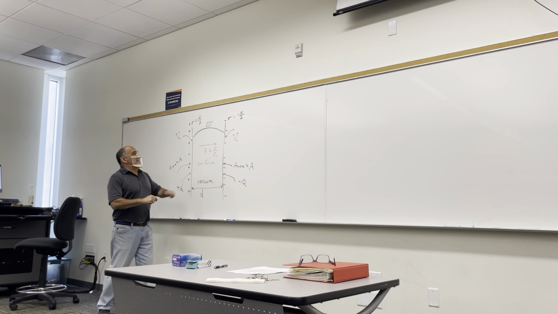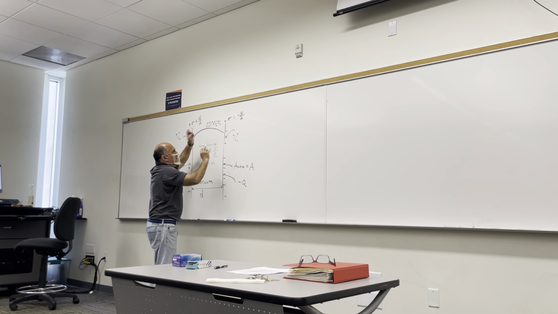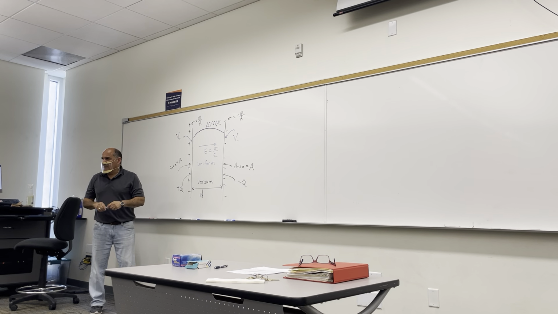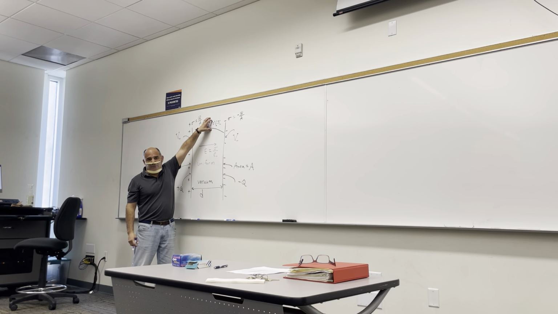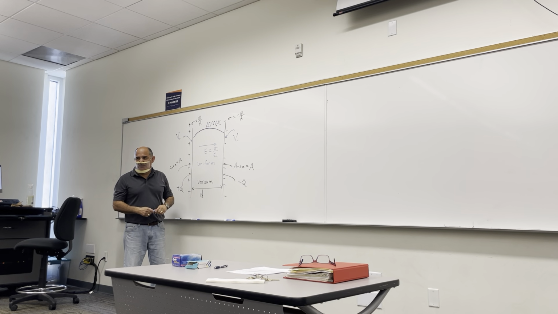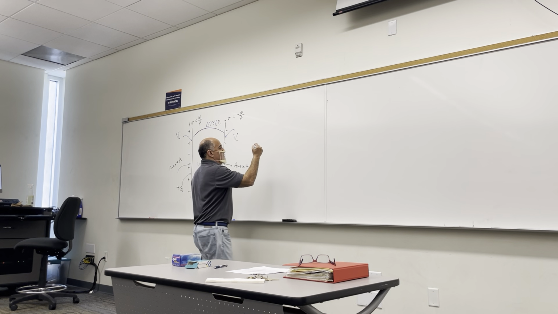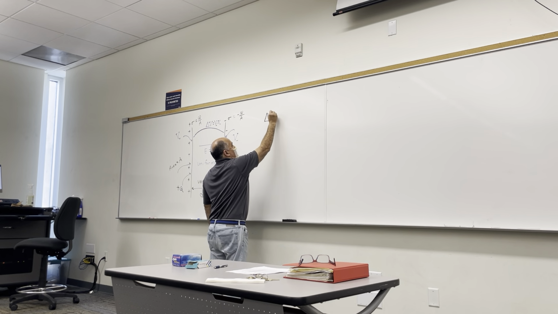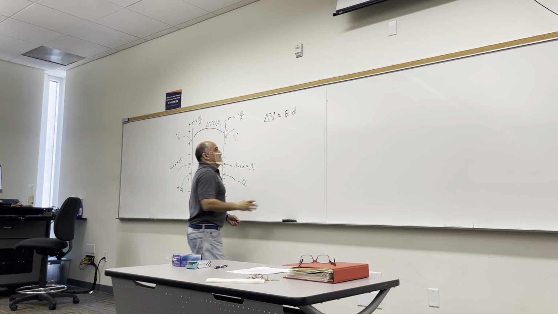So if I write the potential difference as V plus minus V minus, that's going to be a positive number. And what is the relationship between this potential difference, the magnitude of this electric field, and this separation distance between the two plates? Delta V equals electric field times distance. Correct.